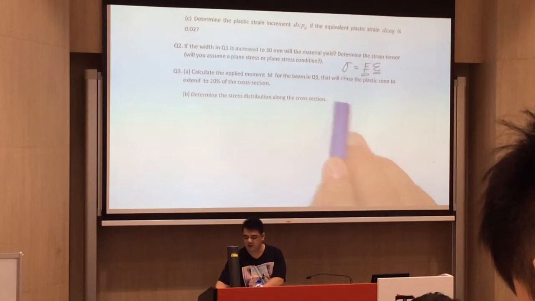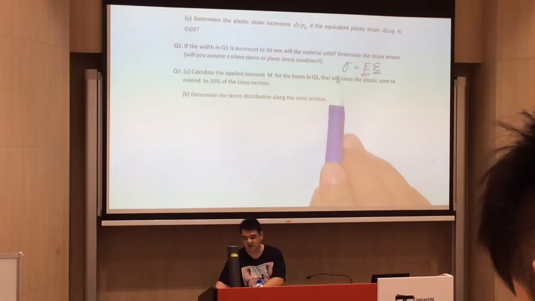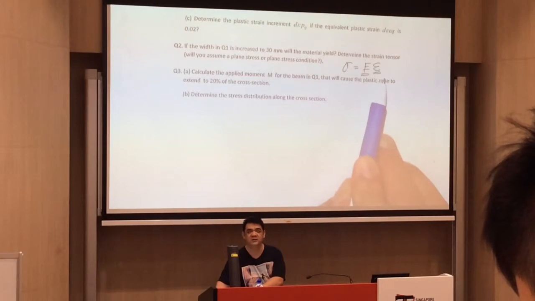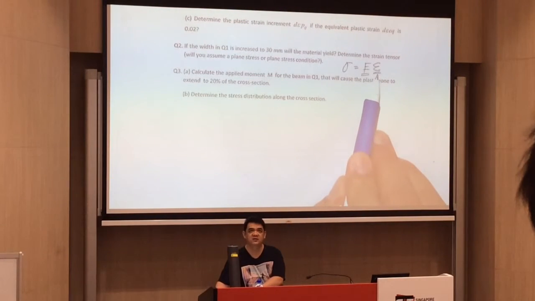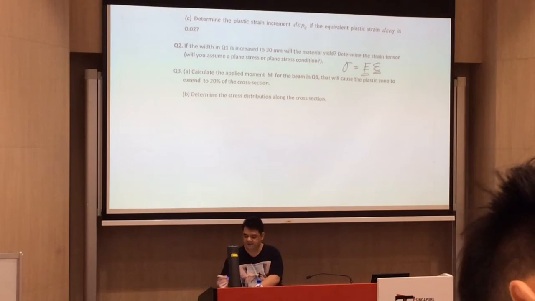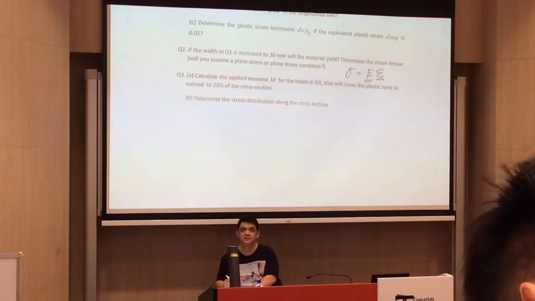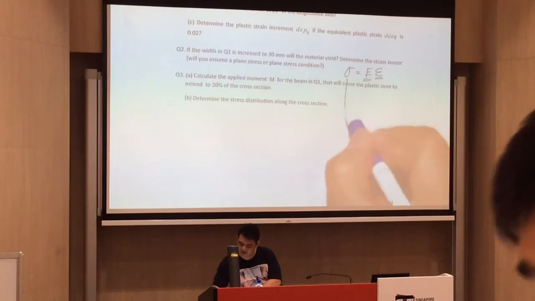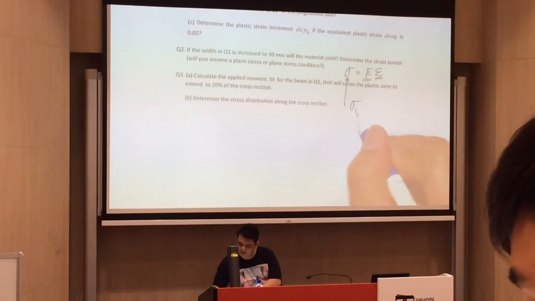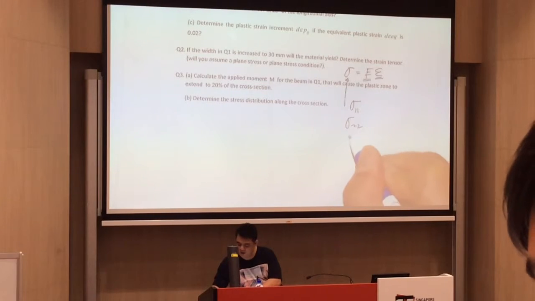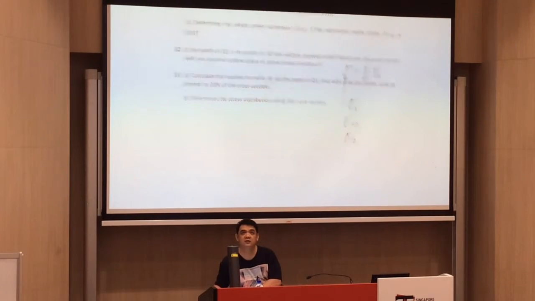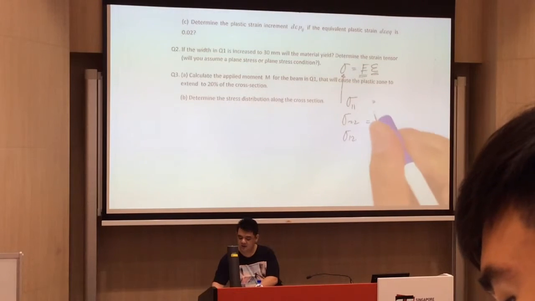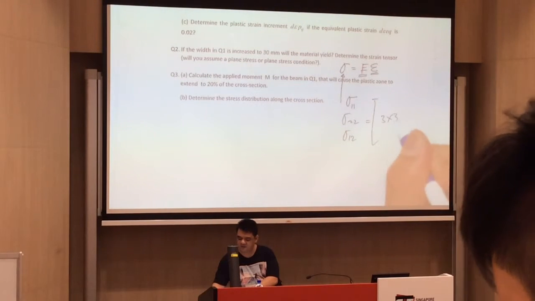Since this one is 2D, this can be a 3x3 matrix, this one is a 3x3 matrix, and similarly this will be a 3x3 matrix. Meaning this will be sigma 1,1, sigma 2,2, sigma 1,2. And then you have your 3x3 stiffness matrix.